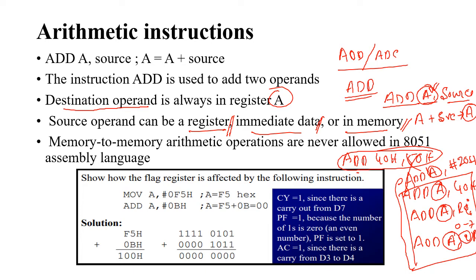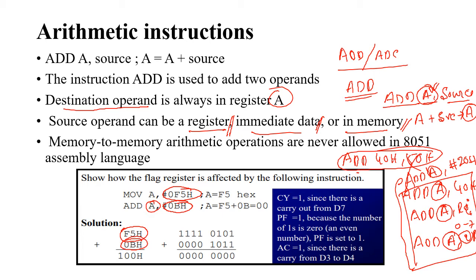So we will look into some of the examples here. In this particular example, we are going to add the content of the accumulator with an immediate value, that is 0Bh. Before that, we need to load the value into the accumulator, that is F5h. So we are going to add F5h plus 0Bh.